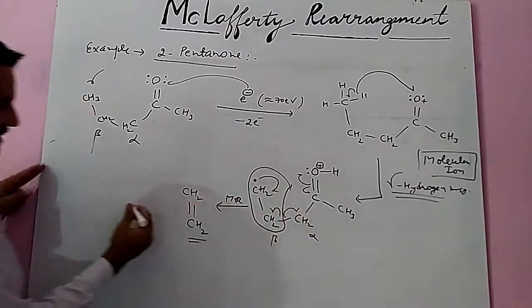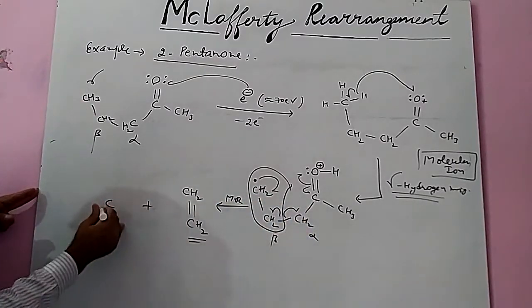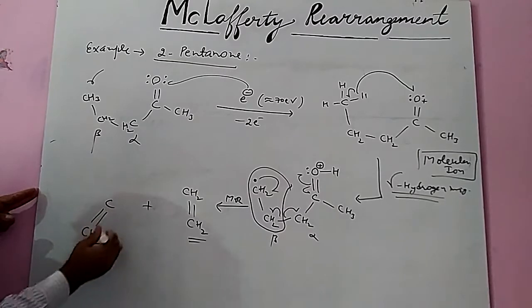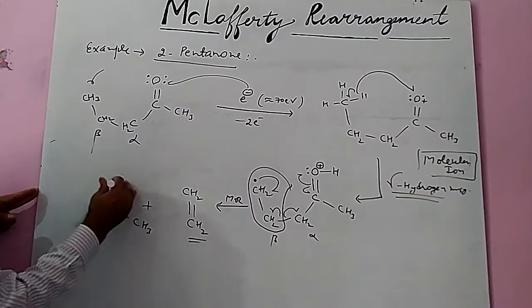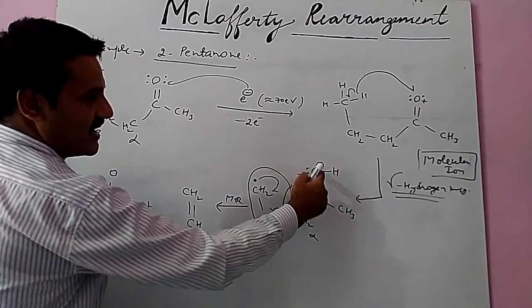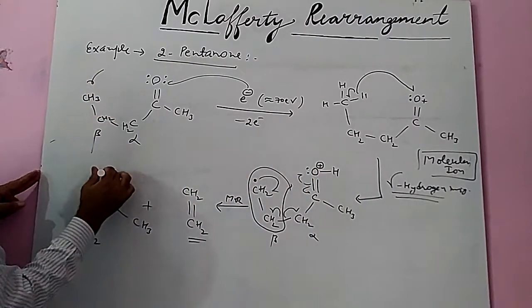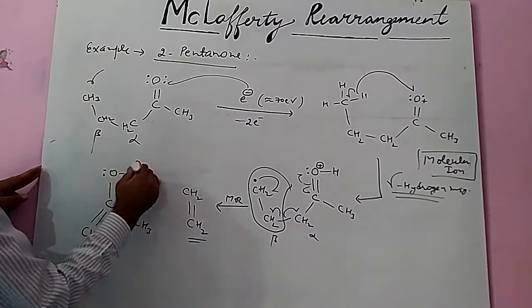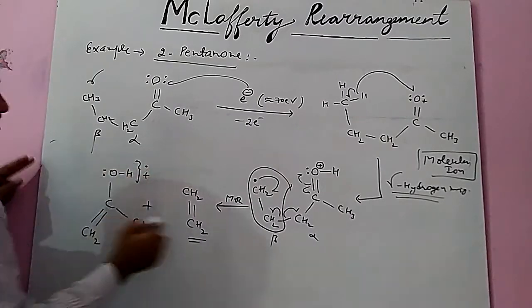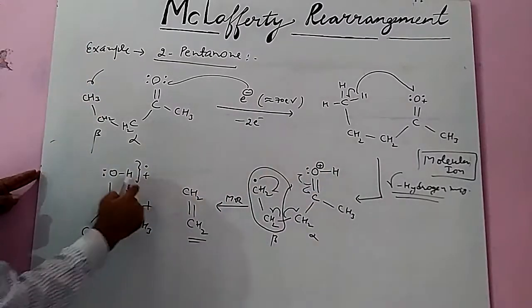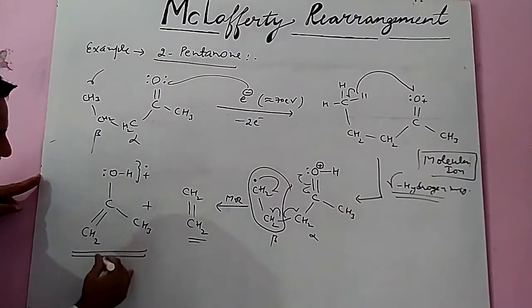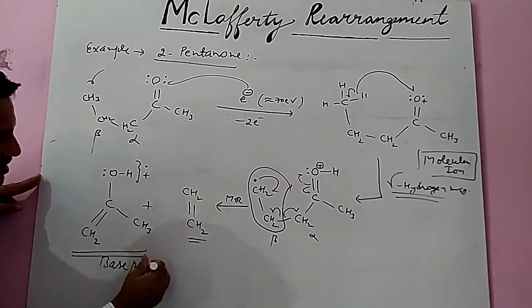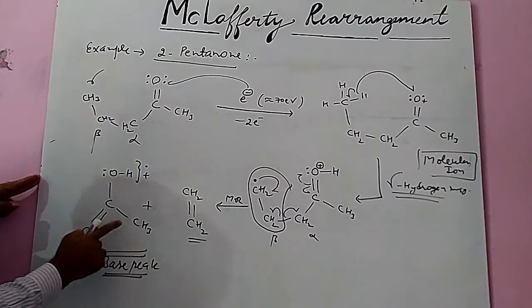The remaining bond transfers, so C double bond CH2, and here CH3 is there. The bond is broken, 2 electrons are already there, 1 radical from here and a positive charge, so it is represented as radical and positive charge. This is the base peak, the most stable fragment.